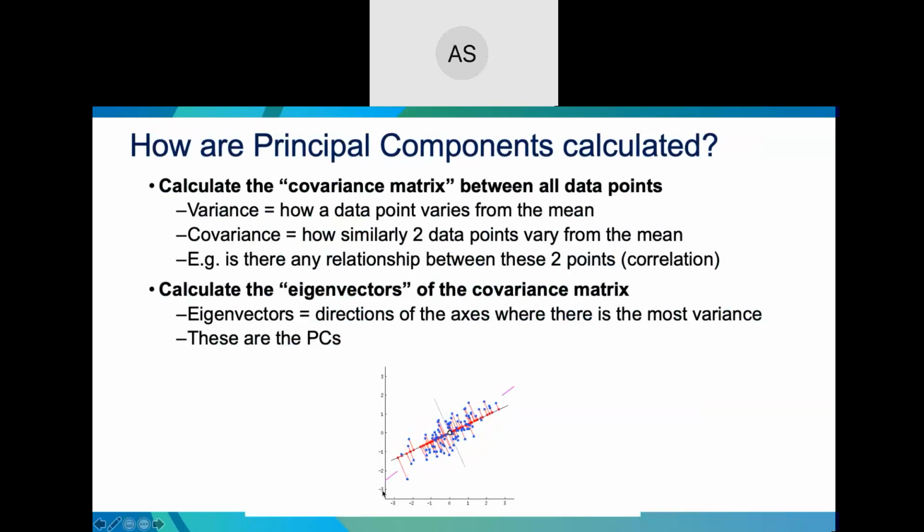So if you think about where's the most spread in the data set, well, the data points are going from the lower left up to the top right. That's the most spread in the data set. There's also a little bit of spread from the bottom right up to the top left, but the amount of spread is less in that direction.